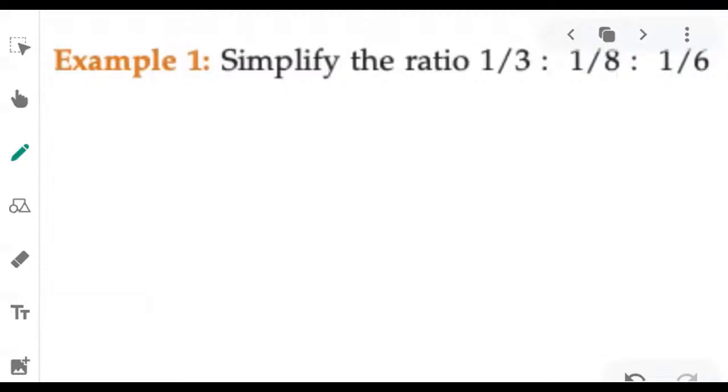So, take a minute. Tell me what is the simplest ratio of this. So, instead of 2, in this we have 3 terms in your ratio. So, you have to find the simplest ratio of these.